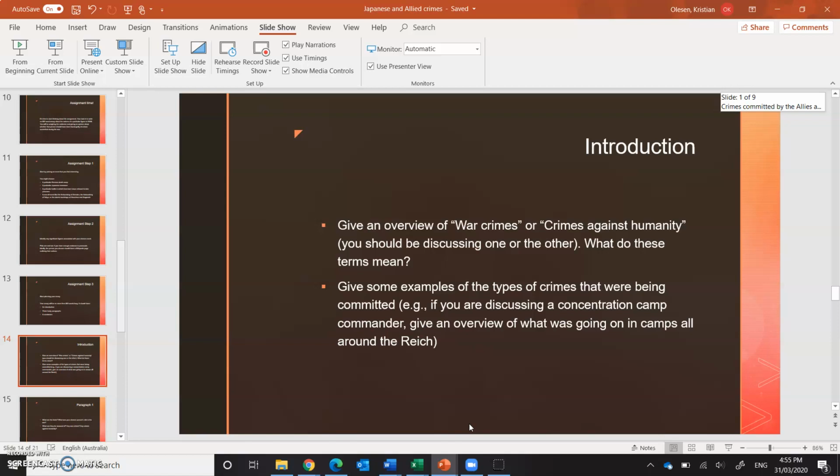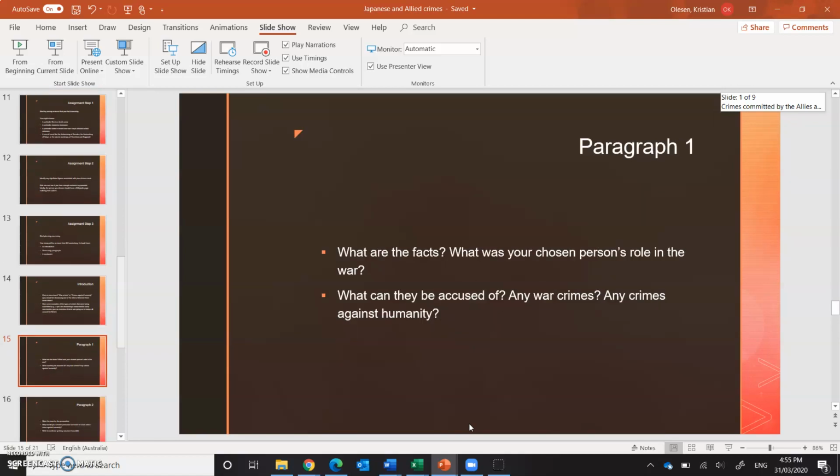After you've written your 100-word intro, you move on to your first paragraph. And your first paragraph doesn't need to be particularly long. You're just letting us know what the facts are. What was the person's role in the war? If it was a concentration camp commander, for example, what dates were they the commander of this concentration camp from and to?